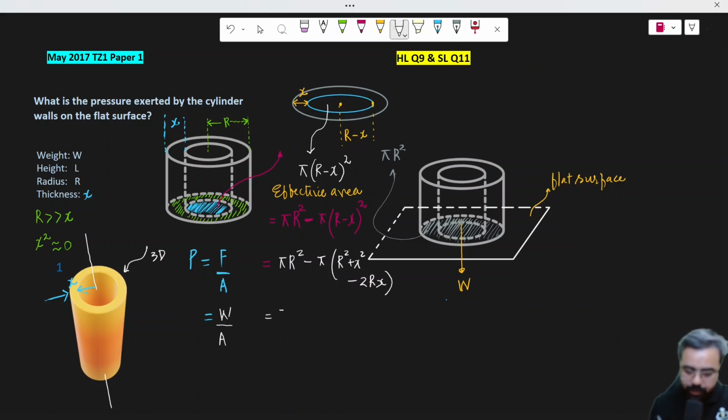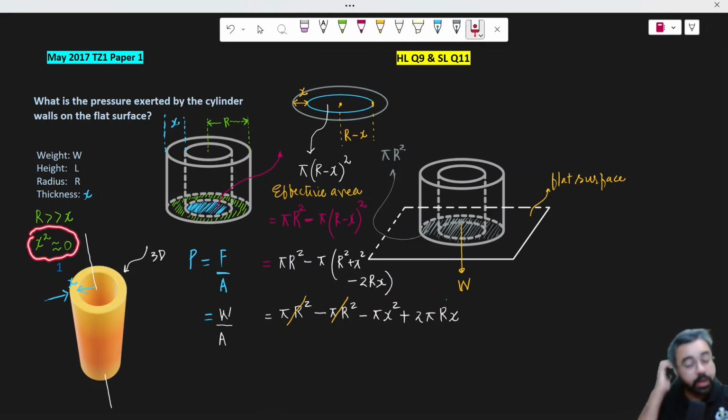If you open the brackets, it is pi r square minus pi r square minus pi x square plus 2 pi r x. Now we can cancel out this pi r square with this pi r square. And secondly, you remember I told you x is comparably very small, so its square is almost negligible. So we can make it almost zero.